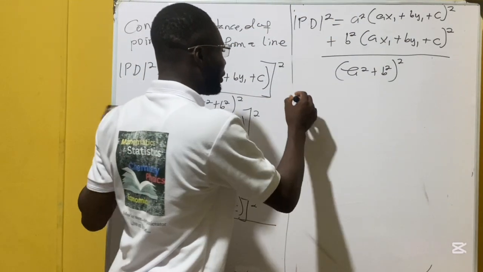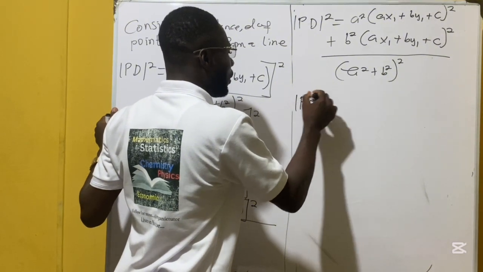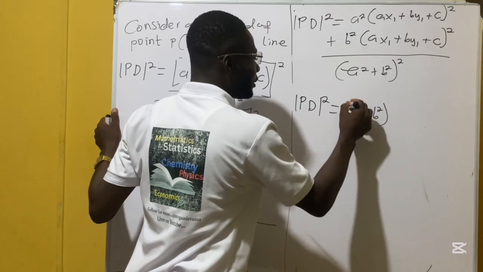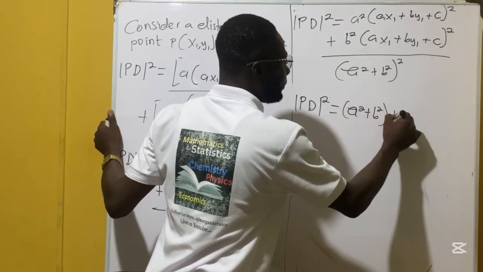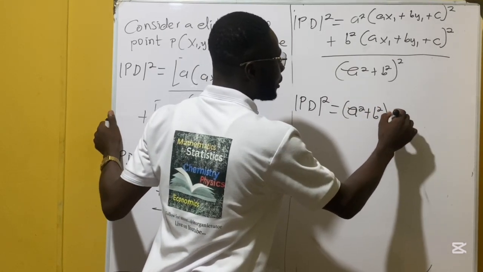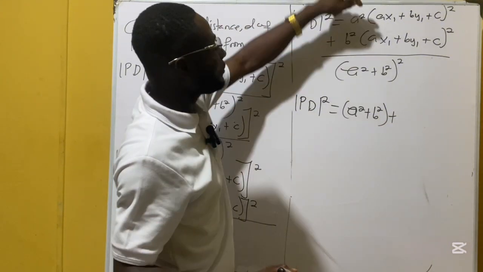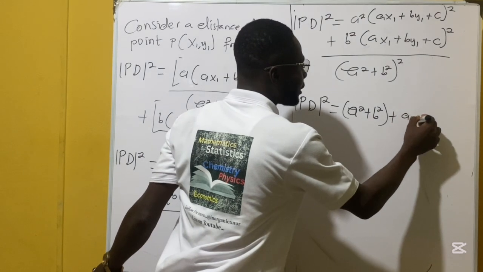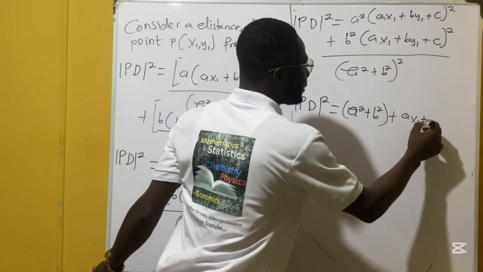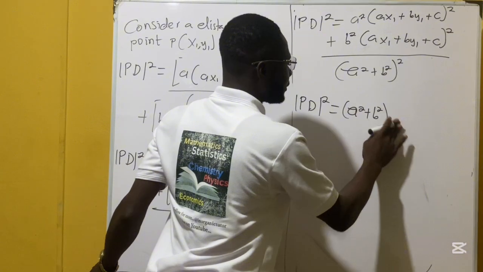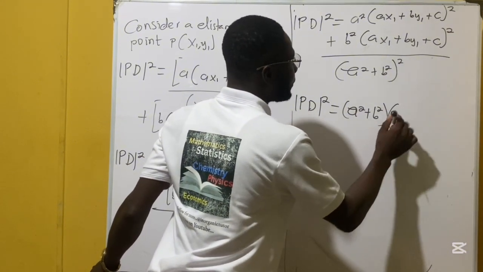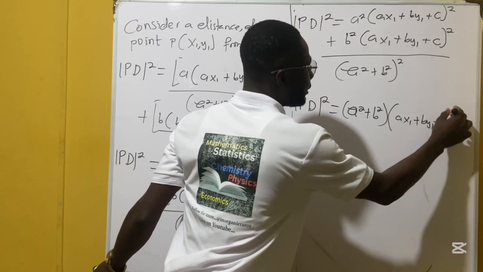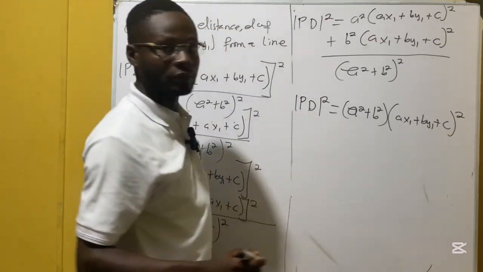So from here we have PD all squared equals A squared plus B squared, times A x1 plus B y1 plus C, all squared, right?